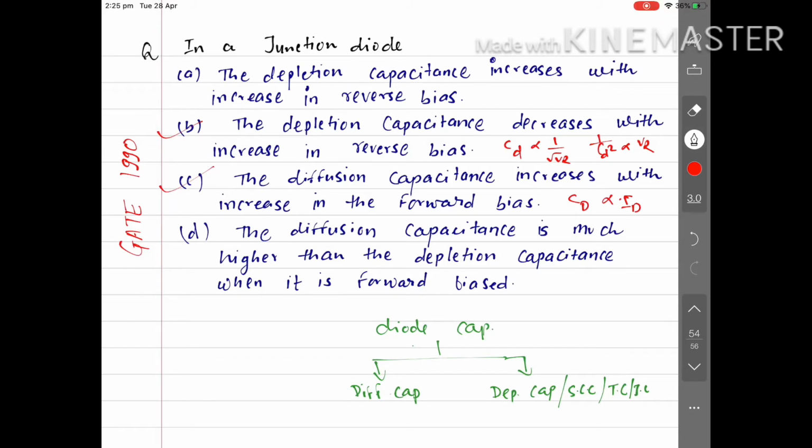Similarly for D, this is also a correct answer, because as I mentioned in the last section, the diffusion capacitance is much higher than the depletion capacitance in forward bias. So the right answer for this question would be B, C and D.